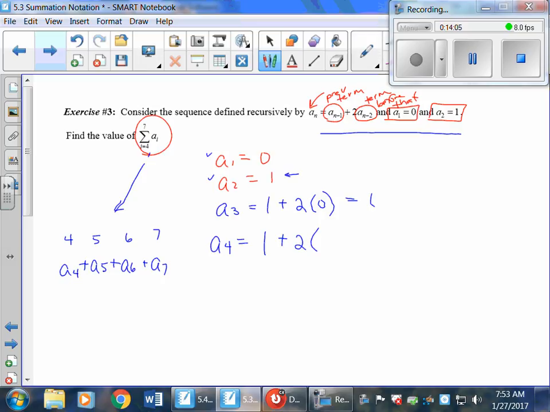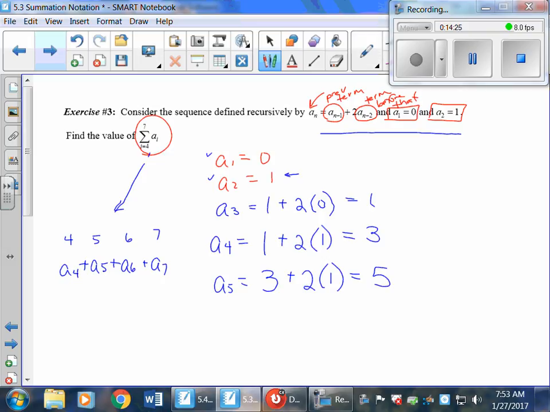A sub 2 is 1, so that's 1 plus 2, which is 3. A sub 5 is equal to the previous term, which is 3, plus 2 times the term before that, which is 1. 3 plus 2 is 5.